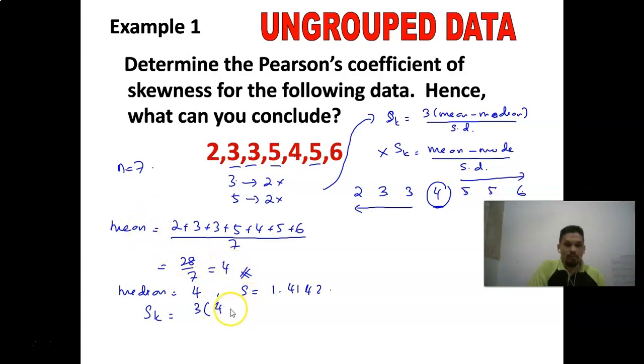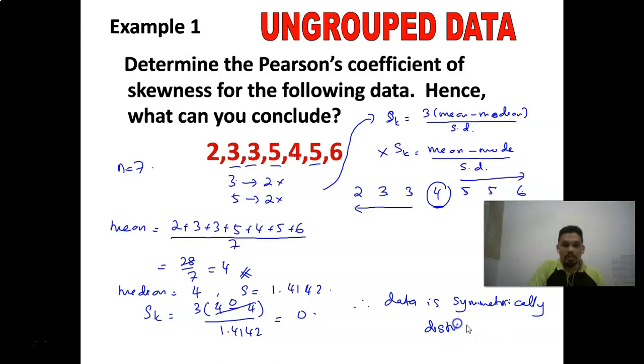Mean equal to 4, minus median also equal to 4, divided by 1.4142. So 4 minus 4 is 0, times 3 is 0, divided by 1.4142 equal to 0. So it means that the data is symmetrically distributed.